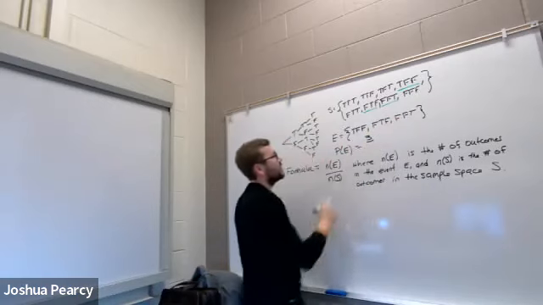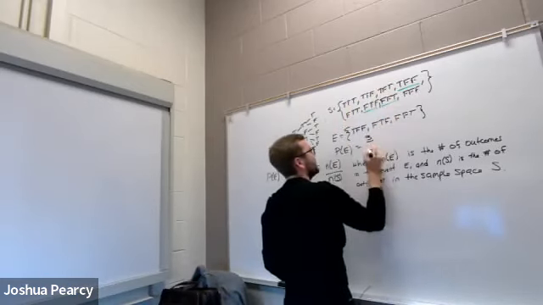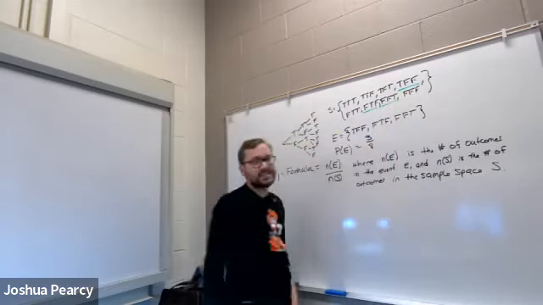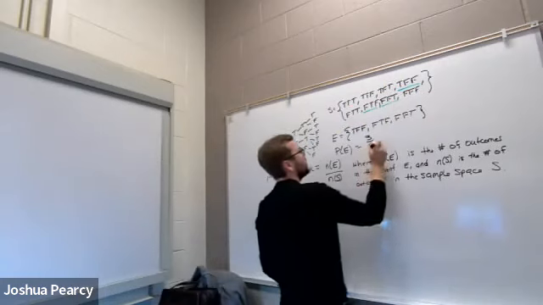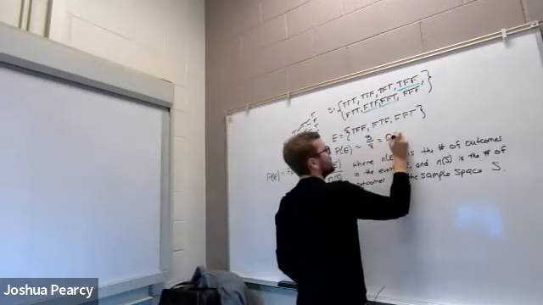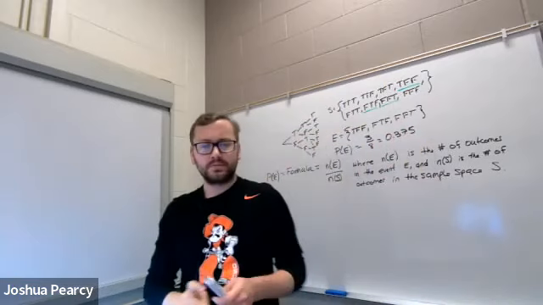And how many outcomes in S? 1, 2, 3, 4, 5, 6, 7, 8. So my probability is 3/8. If you want to put that in decimal form, that's 0.375.